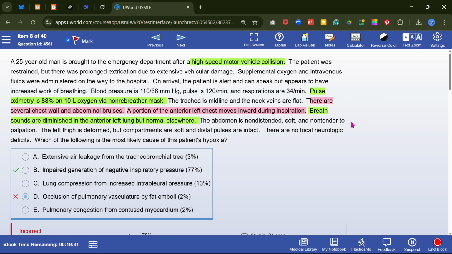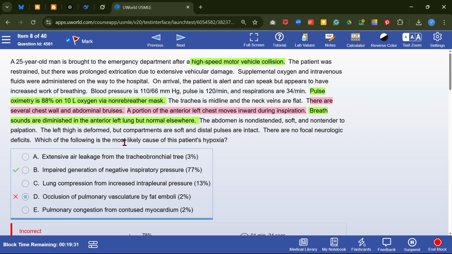Breath sounds are diminished in the anterior left lung but normal elsewhere. The abdomen is non-distended, soft, and non-tender to palpation. The left thigh is deformed, but the compartments are soft and distal pulses are intact.